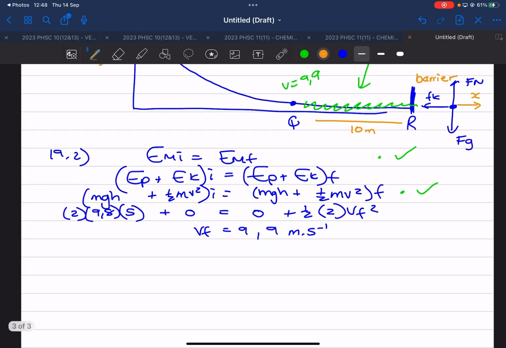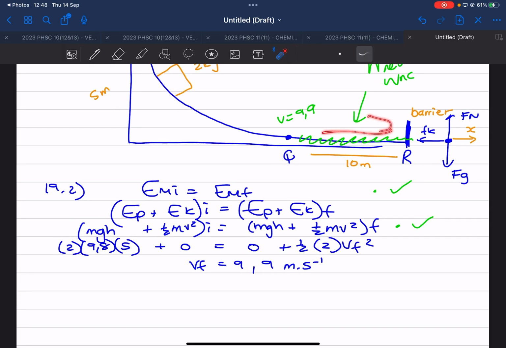Okay, goed. So let's say here, rough horizontal surface before striking barrier at point R at a speed of 4 meters per second. So hierso is die spoed 4 meter per sekonde. Gravitasiekrag, konservatief.